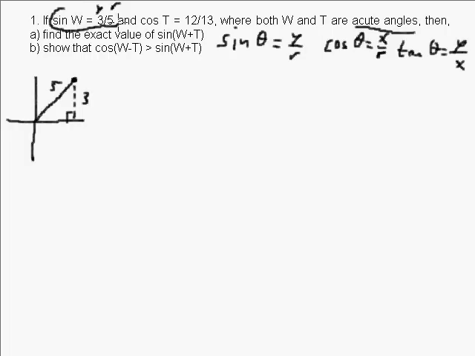So you've got to be able to take this and turn it into a picture. This is w. Now, what am I going to do for t? Okay, so I know that cos of t is equal to 12 over 13. In cos, this is x, this is r.